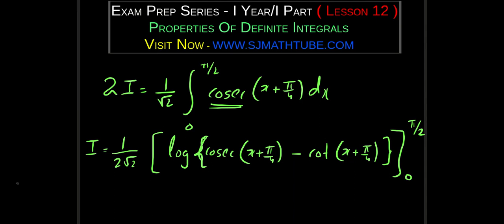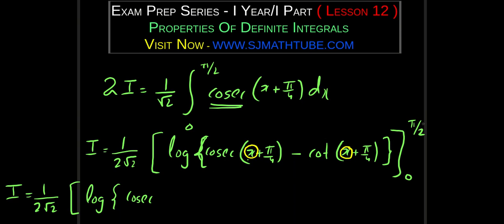Now what we do is plug in the upper limit. So we get log cosec, you plug in the upper limit here. I'll circle that with a yellow. So you're supposed to plug in the upper limit pi by 2 and pi by 2 plus pi by 4. There are two options.